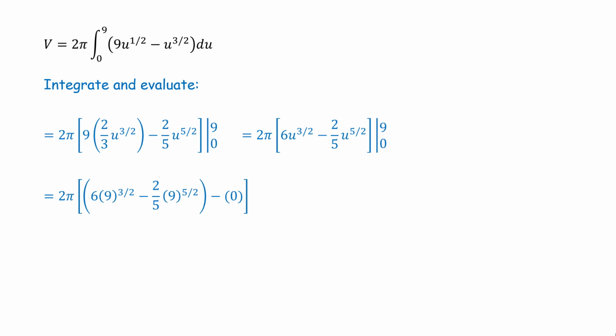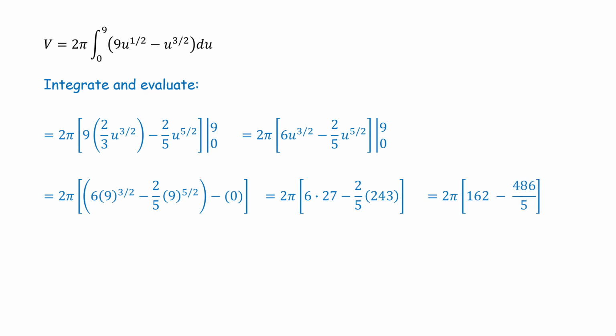We'll continue with the arithmetic portion. We get 2 pi, 6 times 9 to the 3/2 is 27, minus 2/5 times 9 to the 5/2 is 243.